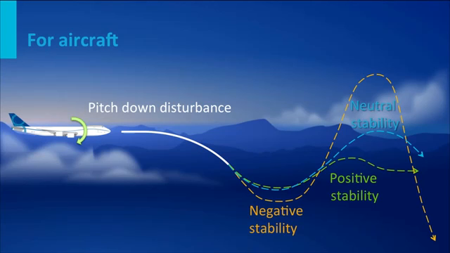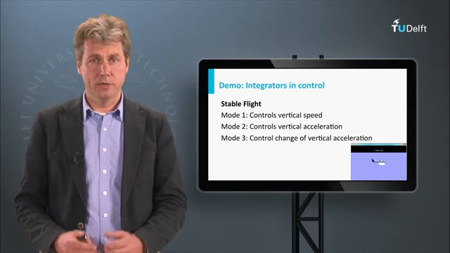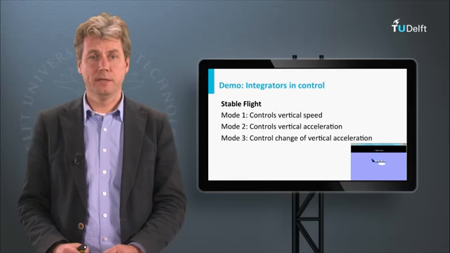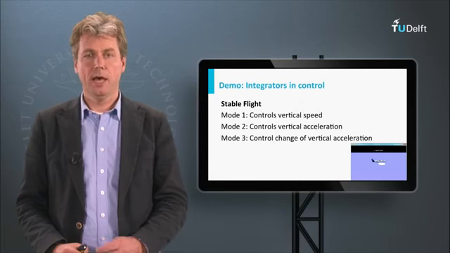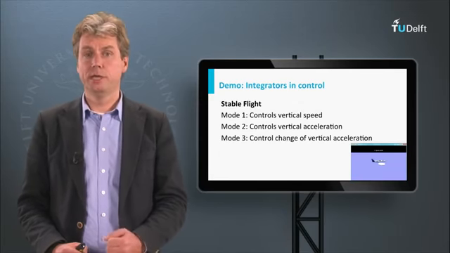To see an example of dynamically unstable behavior, you can download a little video game called Stable Flight, which you can download from the website. And there you can try to control it in different control modes. And you can see how progressively it will become much harder to keep the aircraft stable.